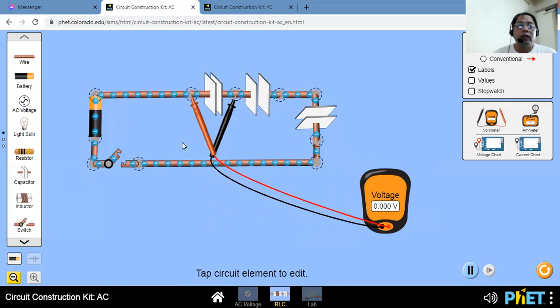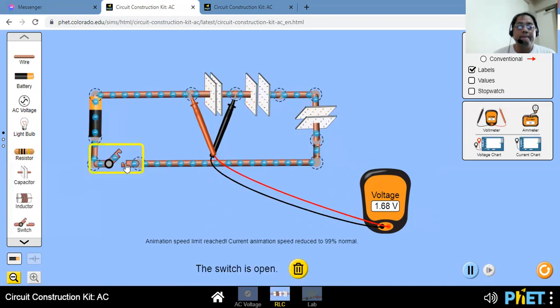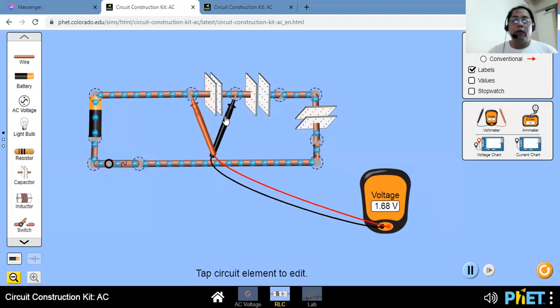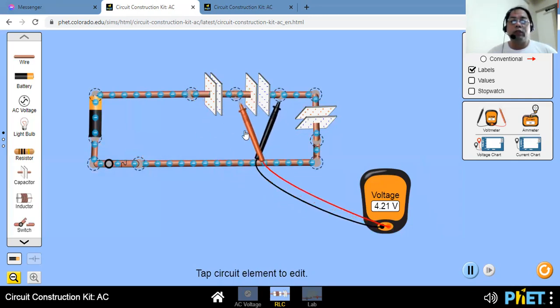Now, you will not see any voltage because we have not energized our circuit. So if we now energize our circuit, we'll see that we can now get a voltage across our voltmeter. Whenever the electrodes or the probes are reversed in direction, you will end up with a negative answer here.